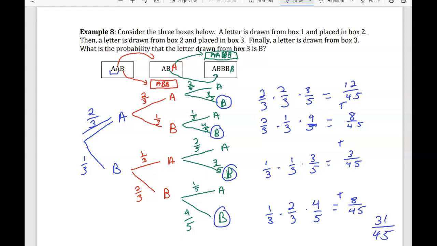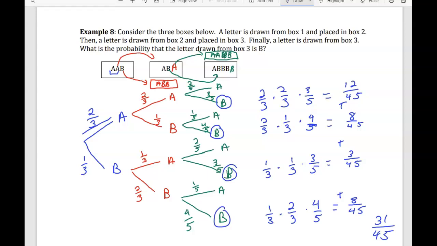So here, you can't just go, there's a total of 3, there's a total of 2, there's a total of 4. You have to realize that you are drawing from box 2 and placing it in box 3. So you're going to have an additional value in each box.